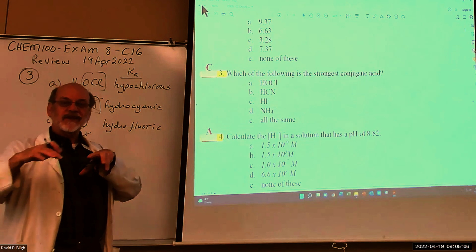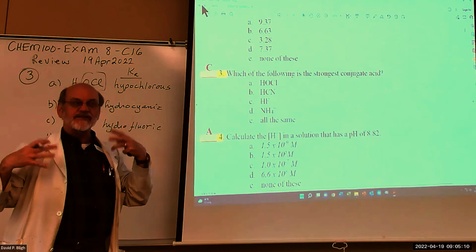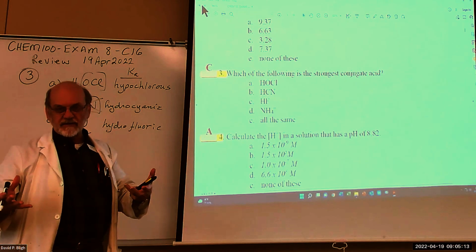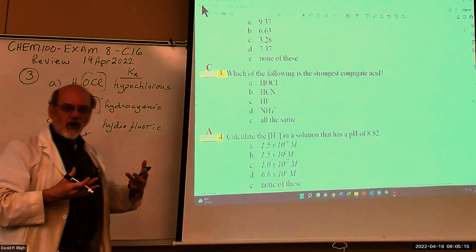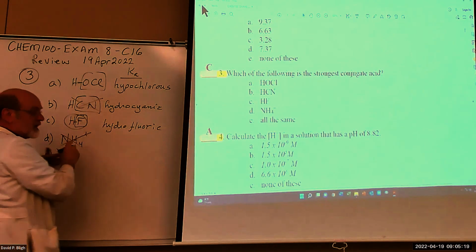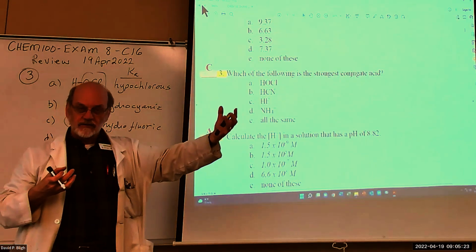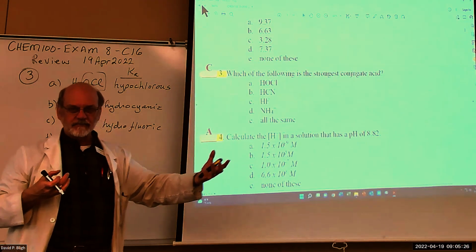And if you spread the electron density over a larger space, it has less concentrated power, so to speak, to draw electrons away from the hydrogen, because that's what you want to do. If you draw electrons away from the hydrogen, it makes it easier to leave the molecule.